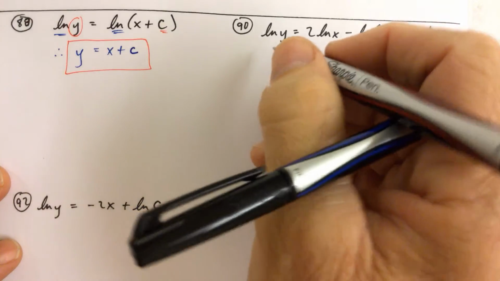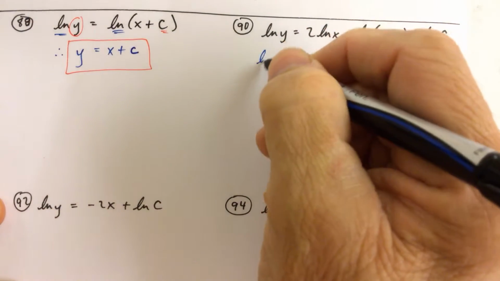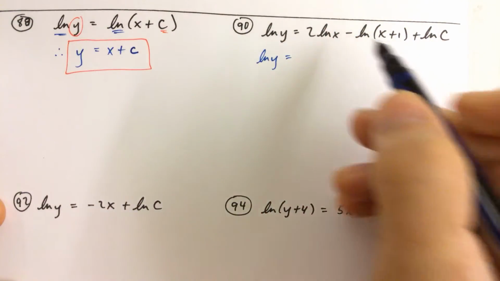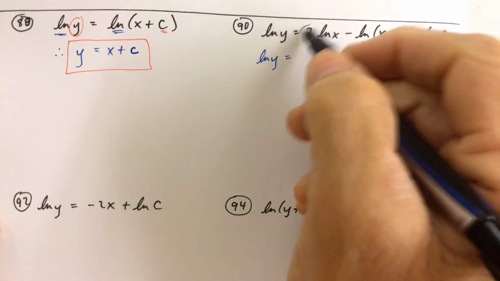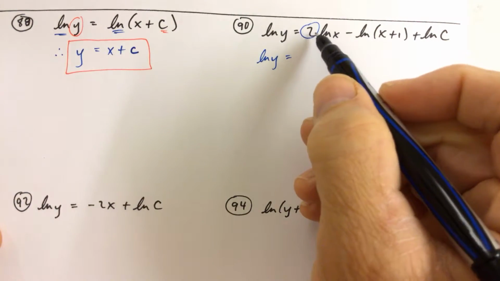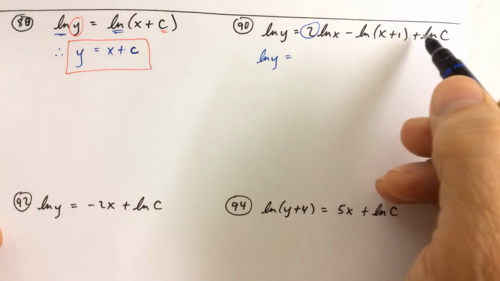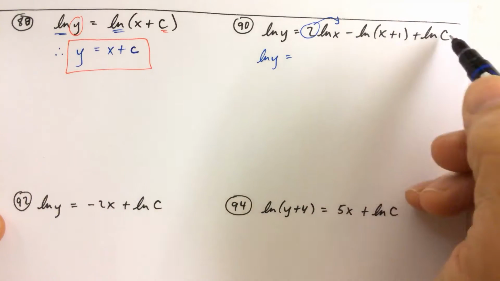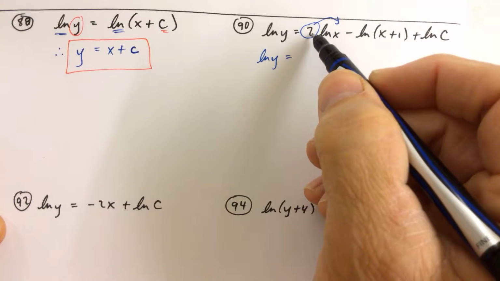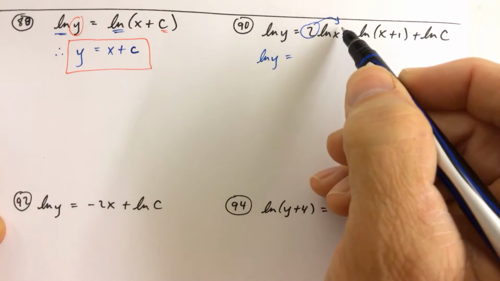We already have one log on this side, so we'll rewrite that. But on this side, we're going to have to combine the logs. You can't combine logs with the numbers out front like this. We have to use the properties of logs before we combine them, to move any coefficients to the exponent position.